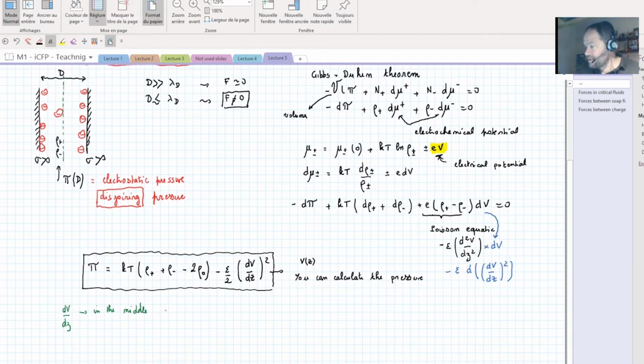So from that, we can say that the pressure in the center will be kT, I have to be careful with the writing.